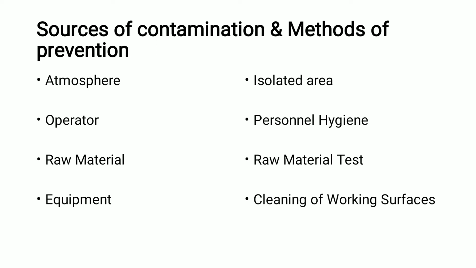And finally the equipment. Equipment is again what is used for the formulation. If I am going to use some sort of mixers, granulators or anything, all those things are going to contribute to these sources of contamination.